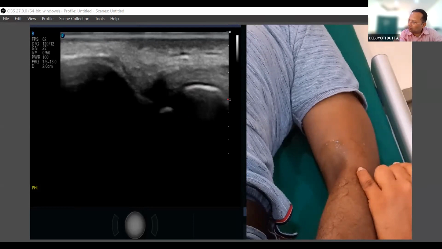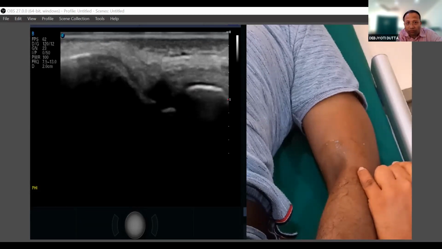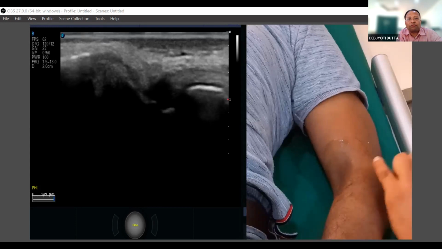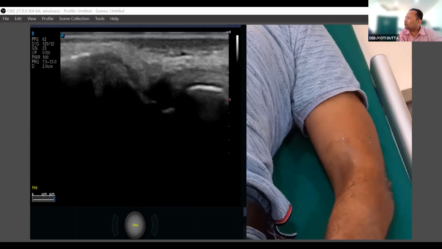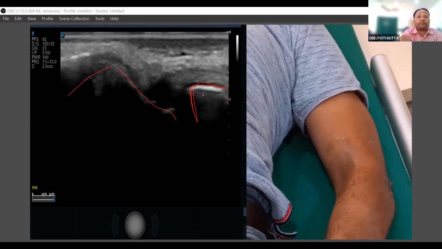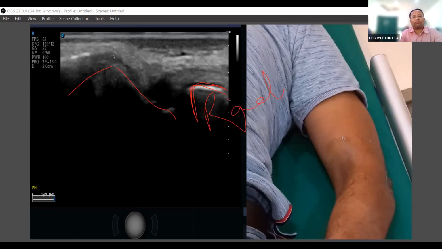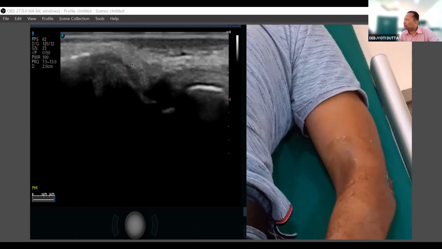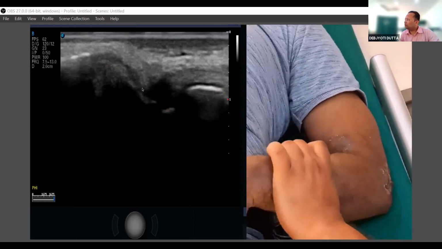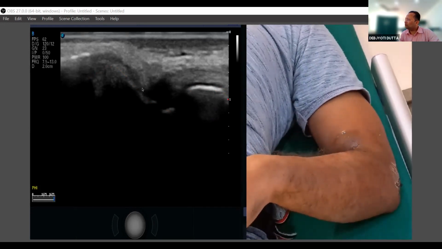From which it is coming down towards the joint. Let me stop it. So this is the bone, and here you can see it is coming down, and here it is the capitulum, and this is the head of the radius. This portion is the common extensor tendon, and in this attachment, the superficial part is the common extensor tendon, and the deeper 50% is the portion of the radial collateral ligament.